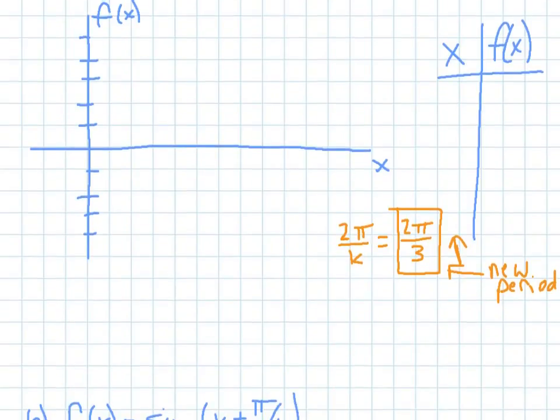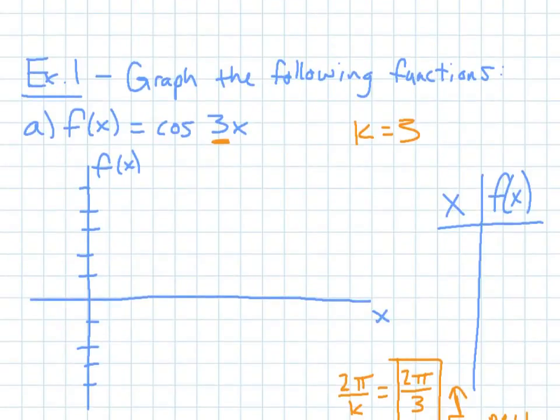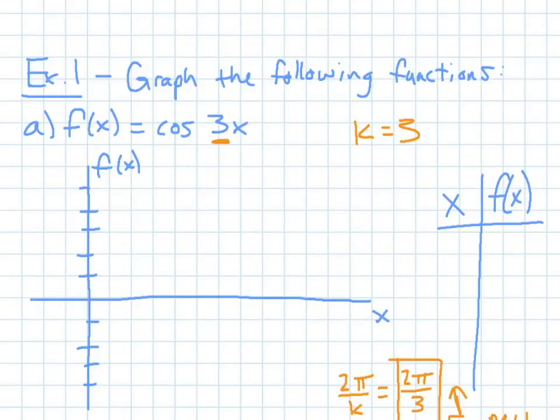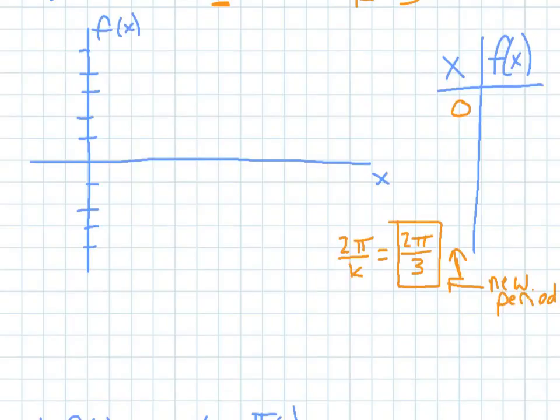So here, 2 pi over 3, now to get these values, you always start with 0, because remember our b value is going to be that first interval. Let's go back so I can show you that. So there's that complete value. Since we have no phase shift, our b value is 0 in this case, okay? So that'll be our first one, right?